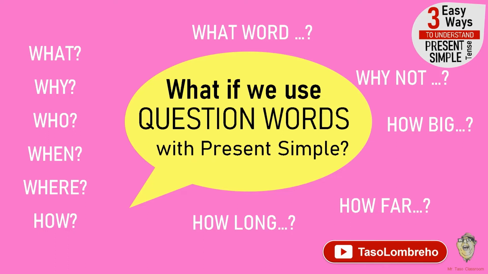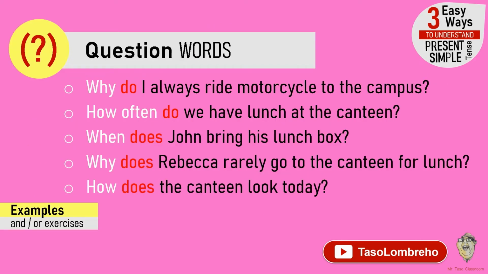Why not? How big? How far? And how long? Those are examples of question words that we can combine with the auxiliary verbs do or does in present simple tense. So here are some examples.